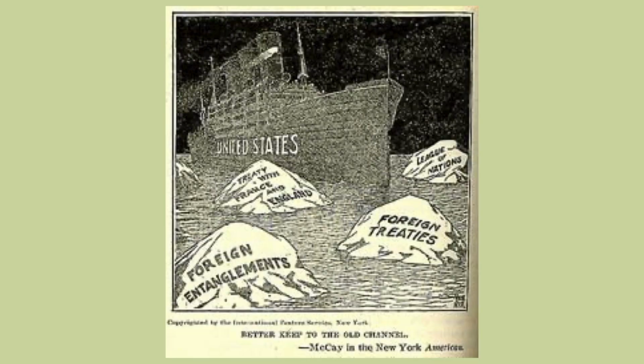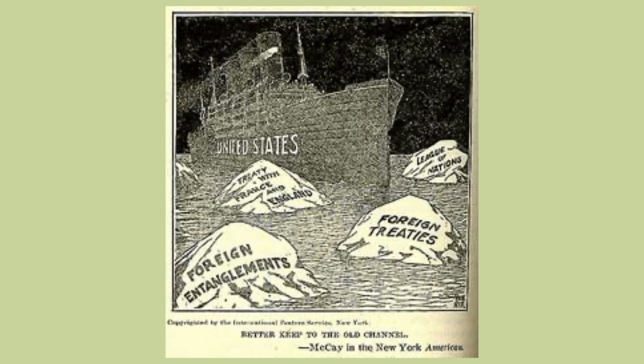Why was Wilson's organisation, for example, not accepted by the Americans? I mean, this cartoon is very instructive. Here we have a ship, and it's called the ship of the United States, so it symbolises America. And it has to try to steer clear of these dangers, foreign treaties, foreign entanglements.